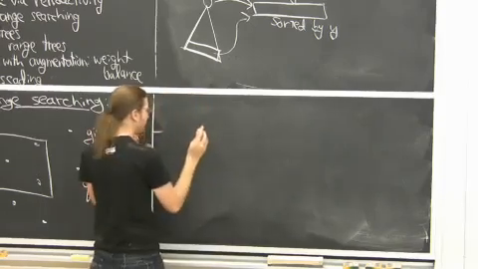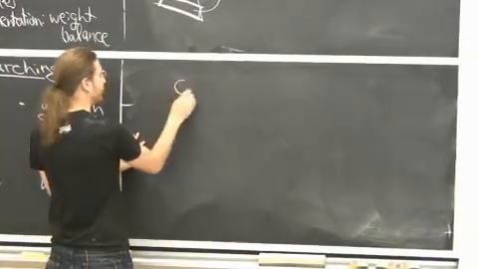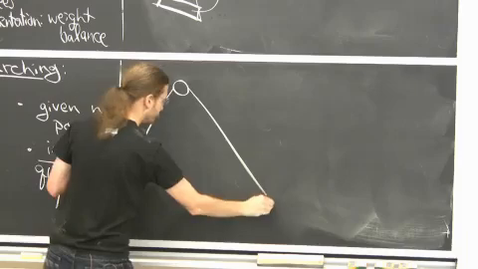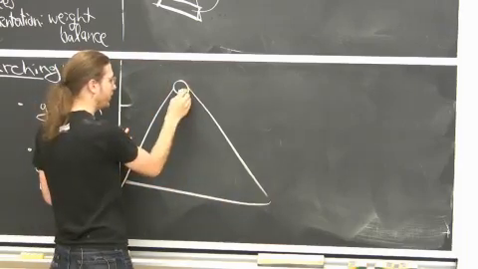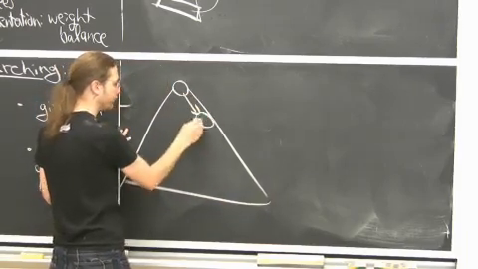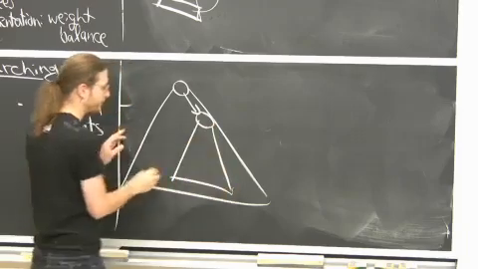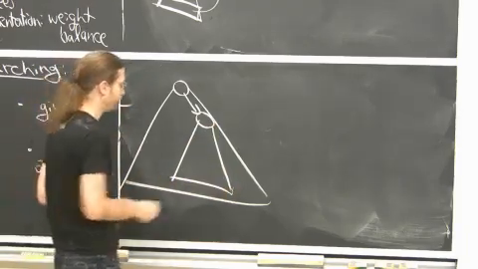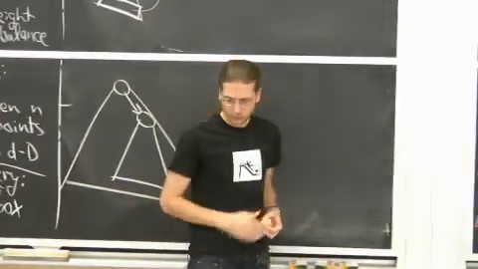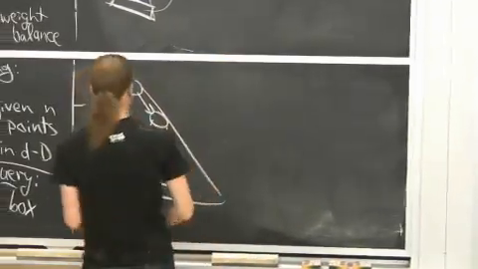Imagine in the X tree, I'm at some node, and then I follow, let's say, a right pointer to the right child. Now in Y space, maybe I should switch to red for Y space.